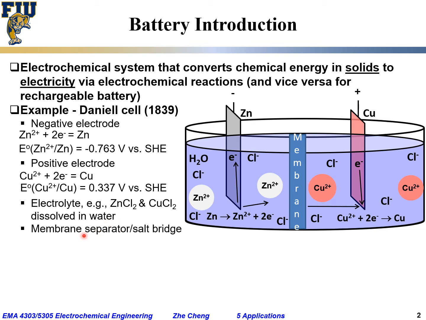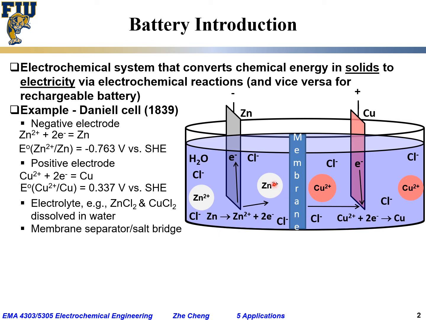Okay? And for practical batteries, for practical electrochemical systems, other than these salts dissolved in water, quite often there could be a so-called membrane separator, as what we draw here, or sometimes a salt bridge. The membrane separator or salt bridge separates the two chambers, the anode, the negative electrode chamber, and the positive electrode chamber, the zinc electrode chamber and the copper electrode chamber, so that the zinc and the copper do not mix.